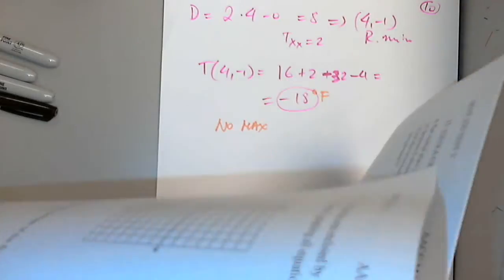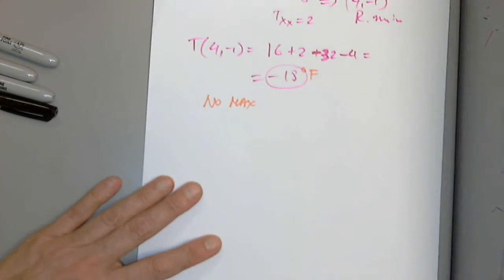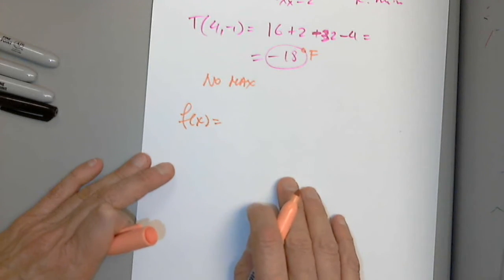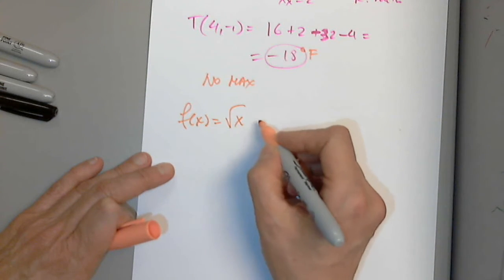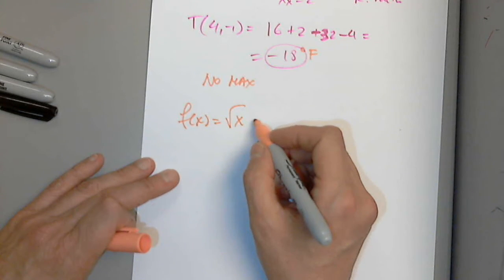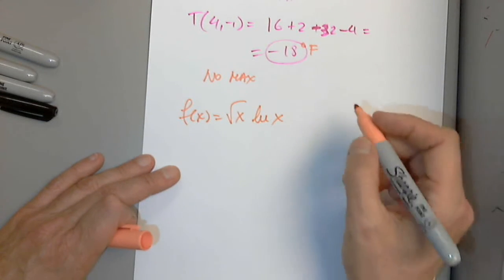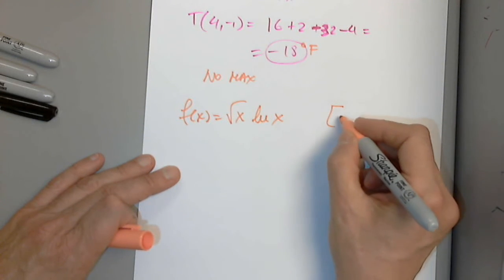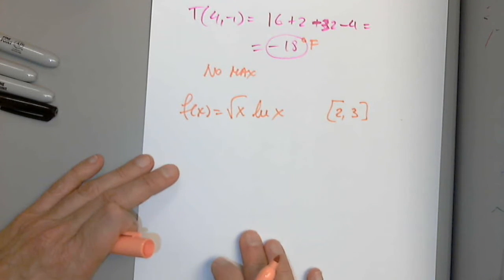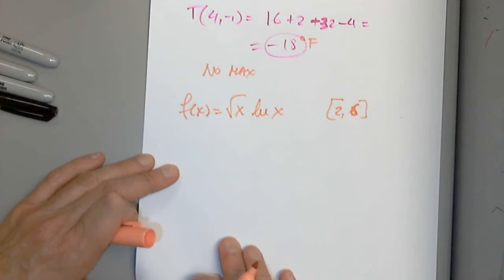Can we do one more question? Yeah. So let's say we have f of x equals, I'm just making it up, the square root of x natural log x, and we want to approximate, let's say, between 2 and 6.